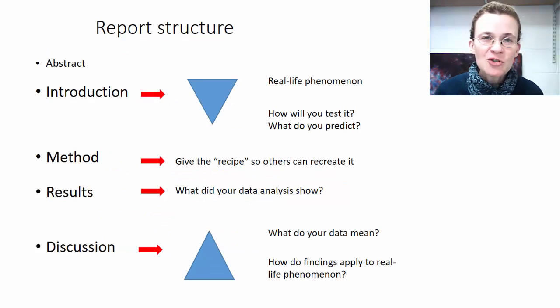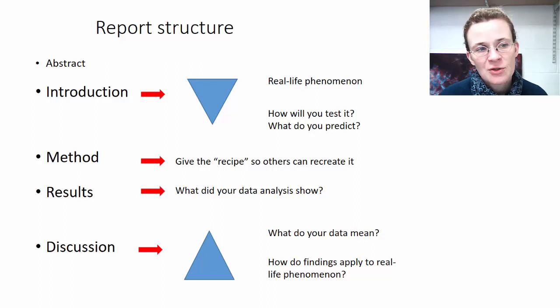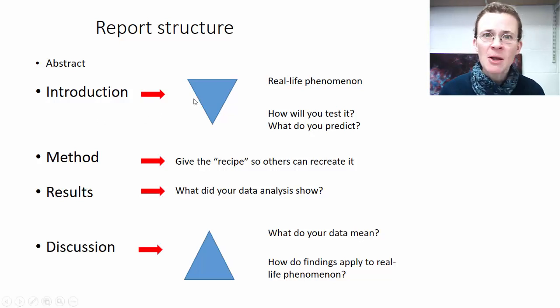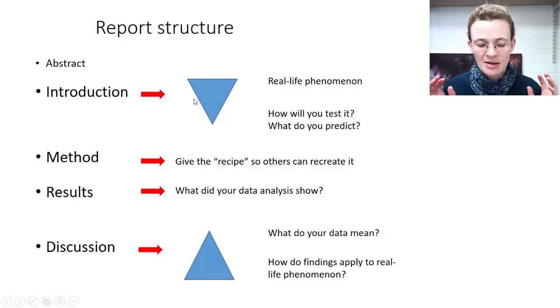So the report structure. What's the purpose of each part? As I said, the abstract is just a summary of everything. I'll tell you in a minute what that's about. In the introduction, you start with something that captures the audience's interest, a real life phenomenon that everyone knows about.